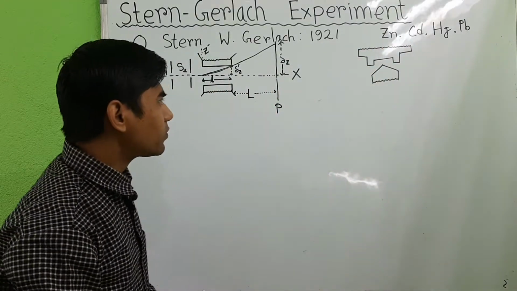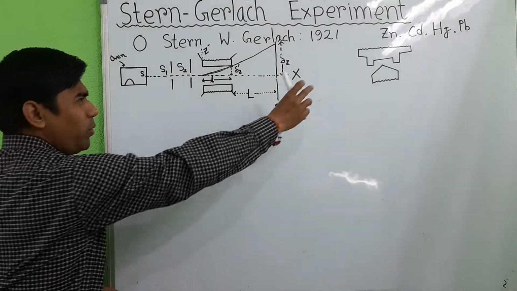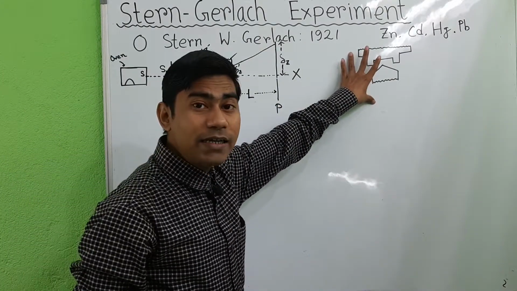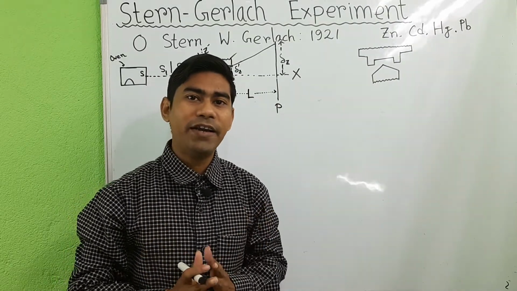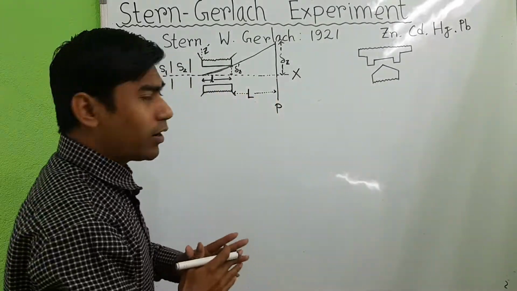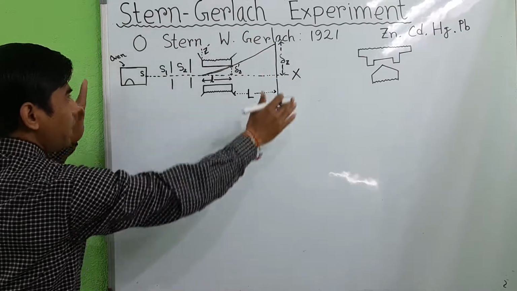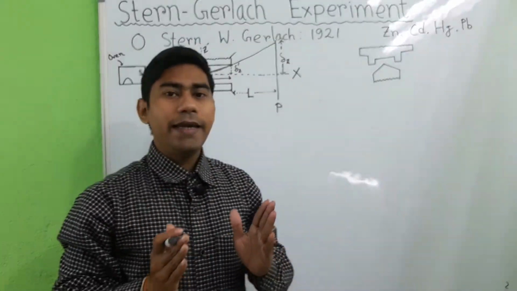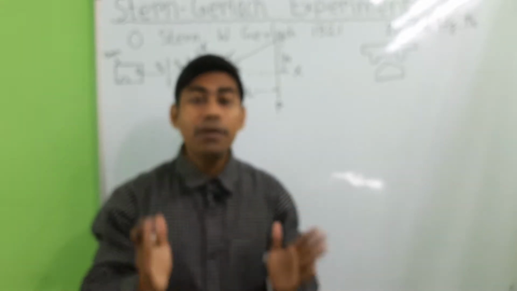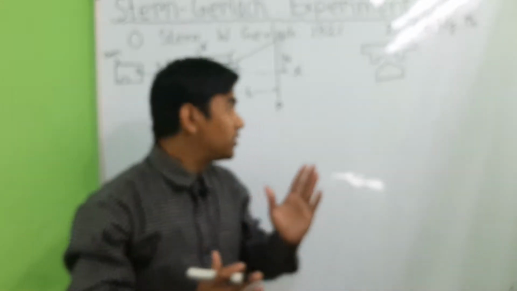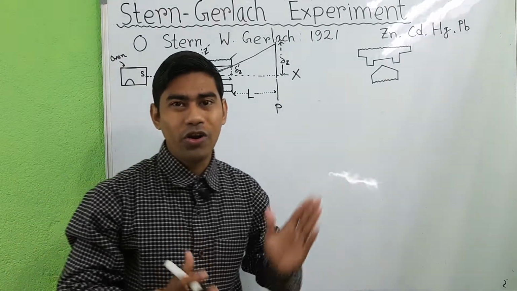The pole pieces have this special shape to produce an inhomogeneous magnetic field. The entire arrangement is enclosed in an evacuated chamber to enable the silver atoms to traverse the field without collision.